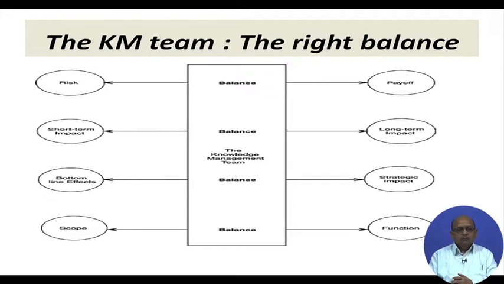So, they need to make a balance between the cost and benefit, and they have to see that yes, the benefit or the payoff exceeds the costs, right. And then the kind of impact this KM program is going to have in the long run.